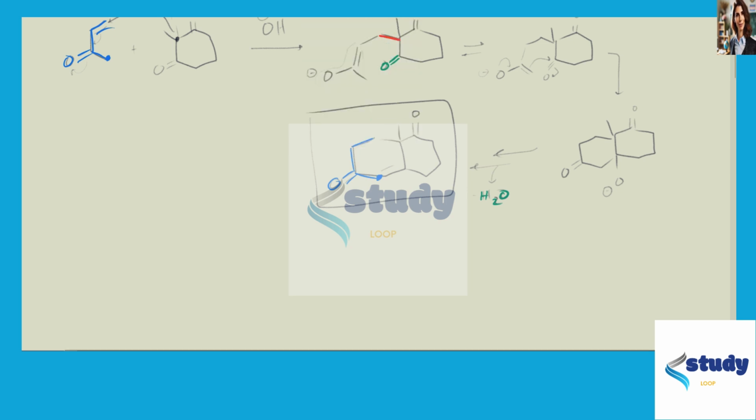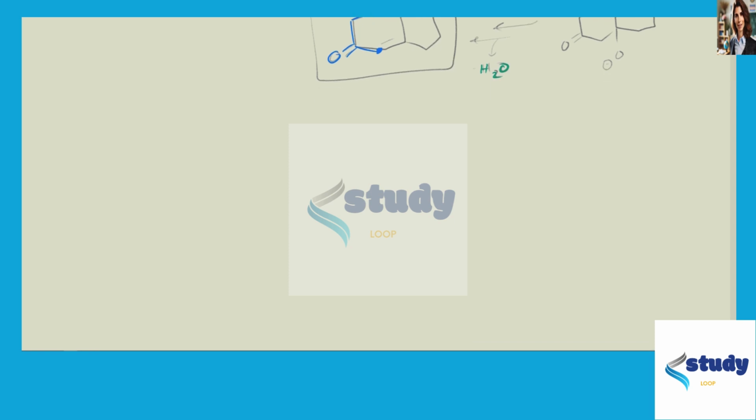Okay. Let's try to do the next couple a little bit faster and predict what the products are going to be without drawing the full mechanism. So here we have our alpha-beta unsaturated system, as well as this cyclic ketone. So of course this is going to be the nucleophile to attack this position, open up, and then finally this carbon is going to be another nucleophile to attack and open up and eventually lose water.